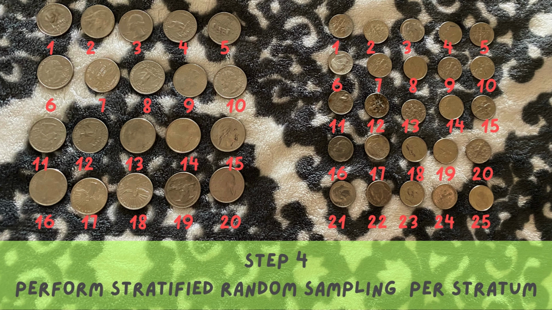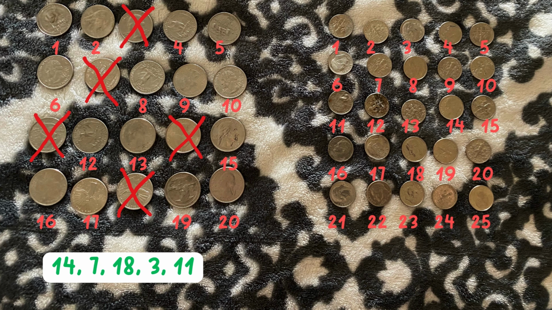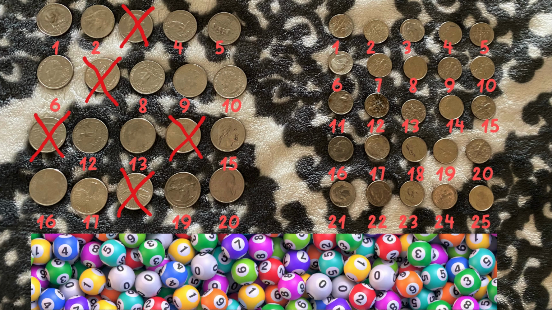Now, continuing to step 4, we perform stratified random sampling per stratum. Here we are going to use lottery balls to randomly select our numbers. With the shuffling of the lottery balls, we get 14, 7, 18, 3, and 11 for our quarter stratum.